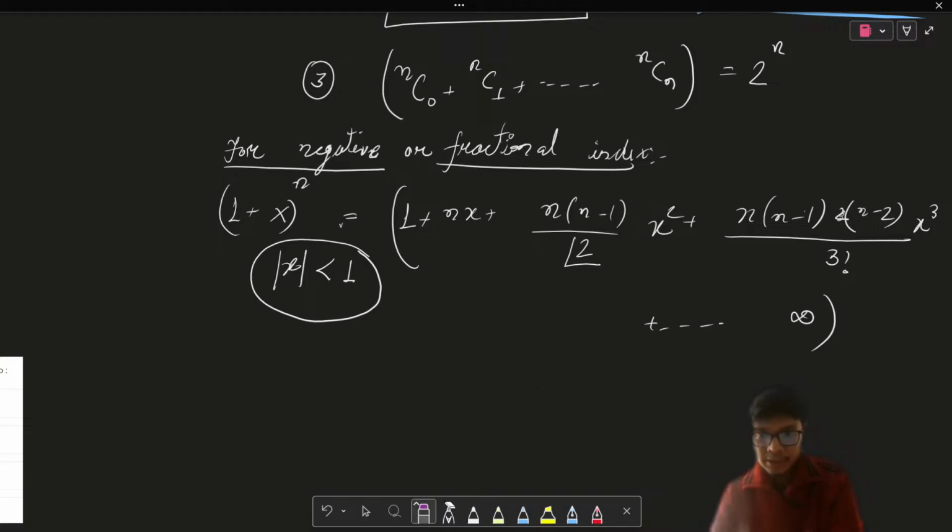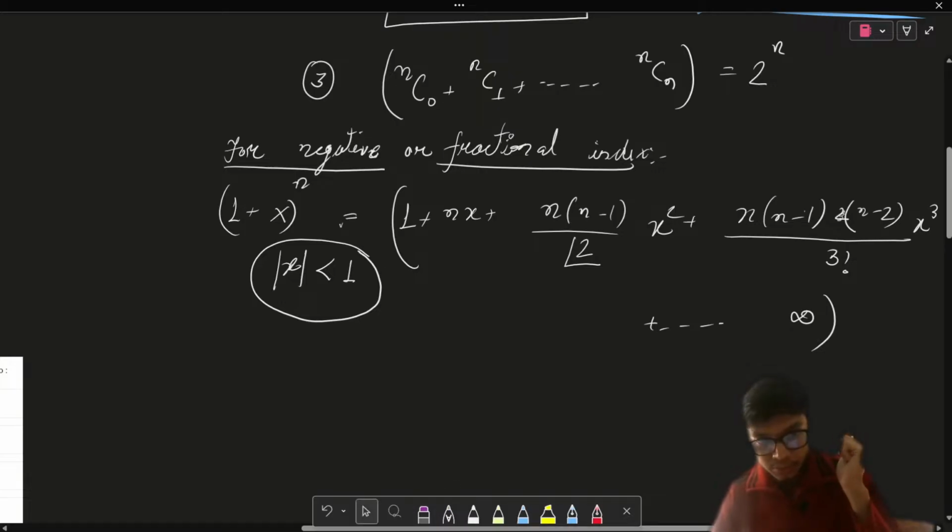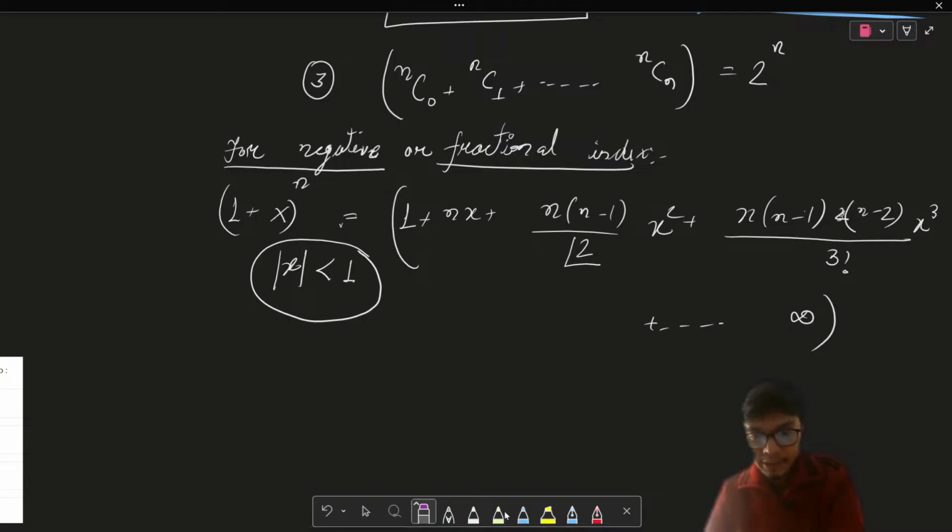You can again express the general term as n(n minus 1)(n minus 2) and so on up to (n minus r plus 1), whole divided by r factorial. This is to be used when n is not a positive integer. This concept works for negative or fractional indices, but please note that whenever I use it, I first have to ensure that the absolute value of x is less than 1, right?